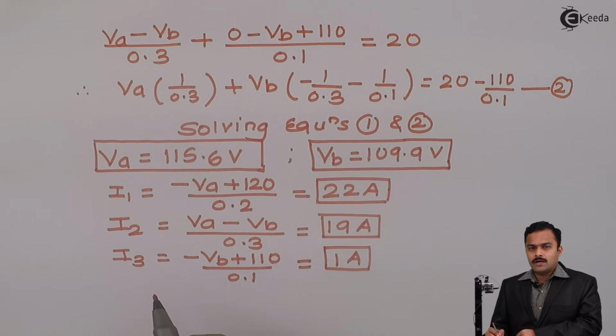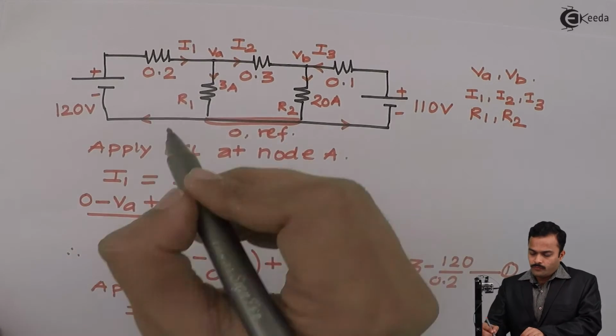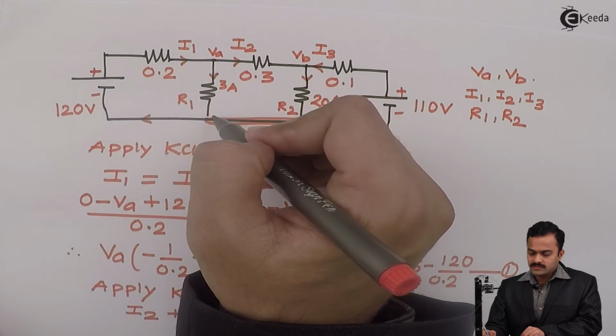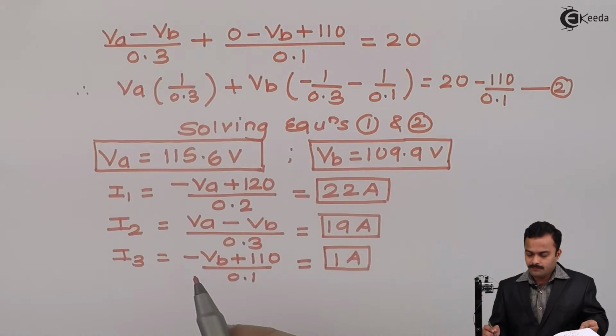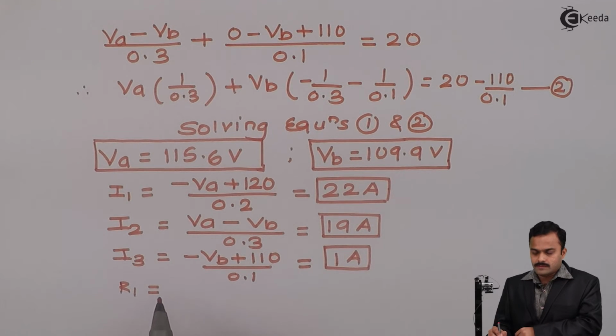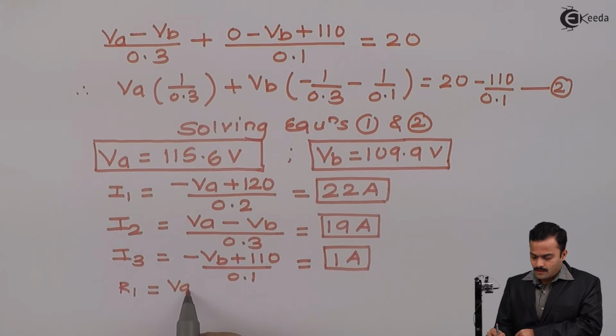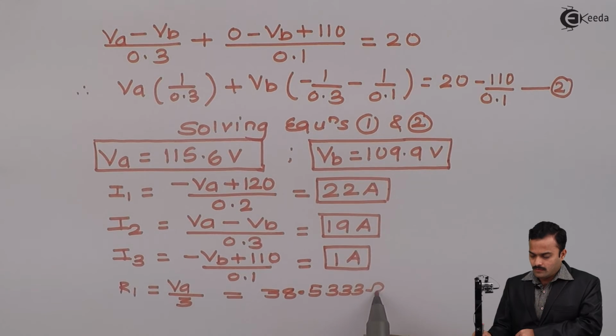Now we have to find out R1 and R2. It's very simple, because VA is a voltage across this R1 and the current given is 3 ampere. So simply by Ohm's law I can say R1 equals VA divided by 3. So this is equal to 38.5333 ohm.